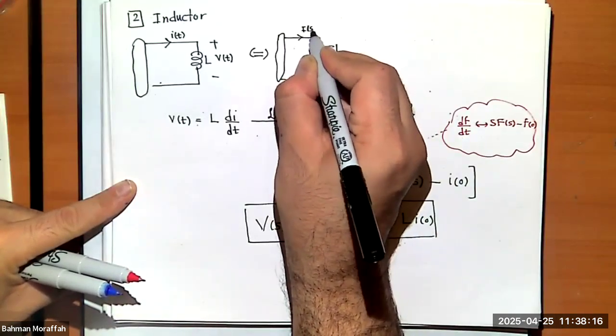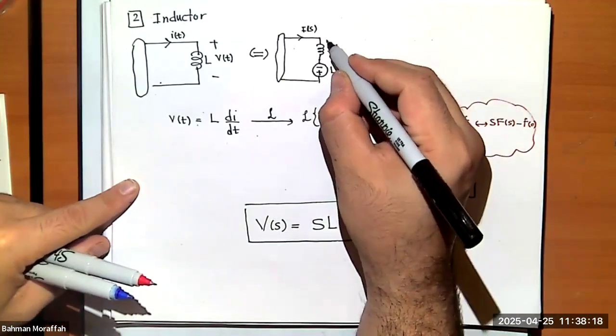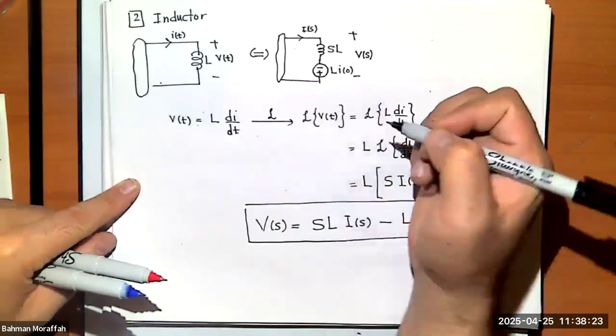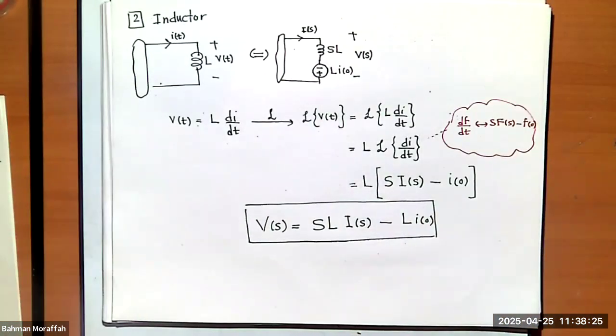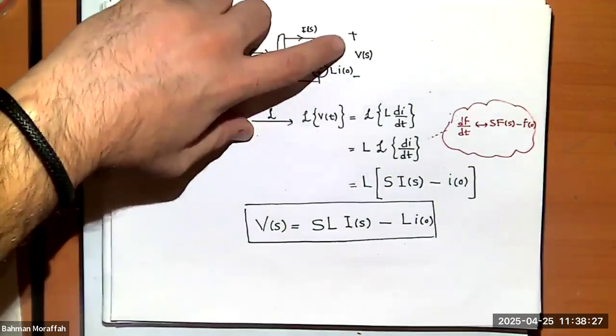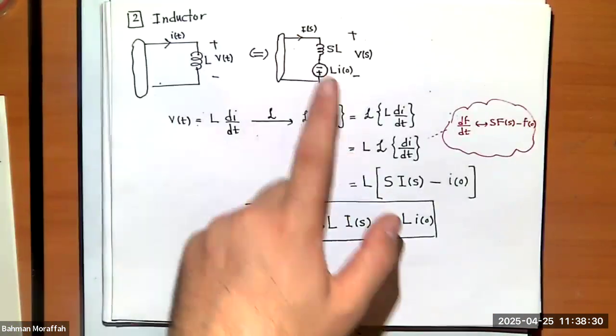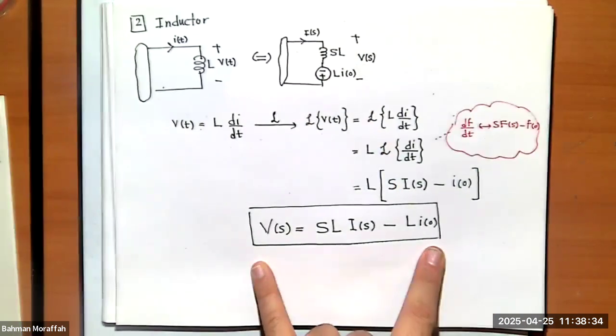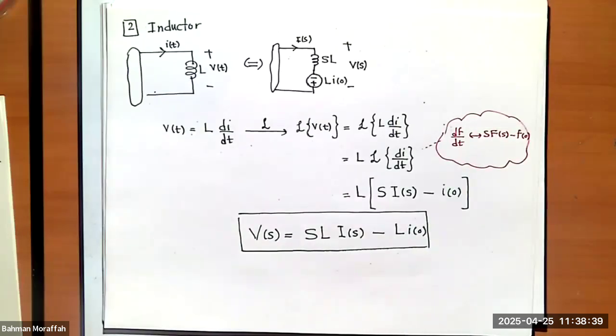This is going to be I of S, and the voltage across both of these is V of S. Look, if I write a KVL here, I have SL times I of S minus L I naught. So that's exactly this formula over here. So I can still treat it just like a resistor, but that resistor must be followed by some voltage source.